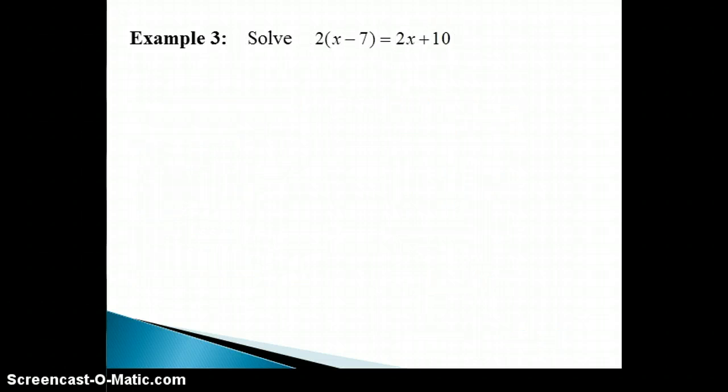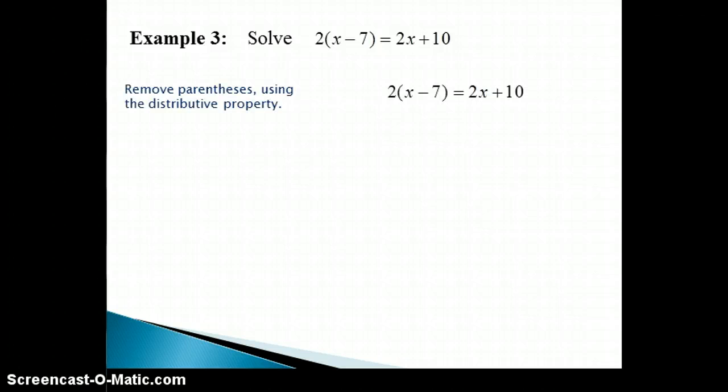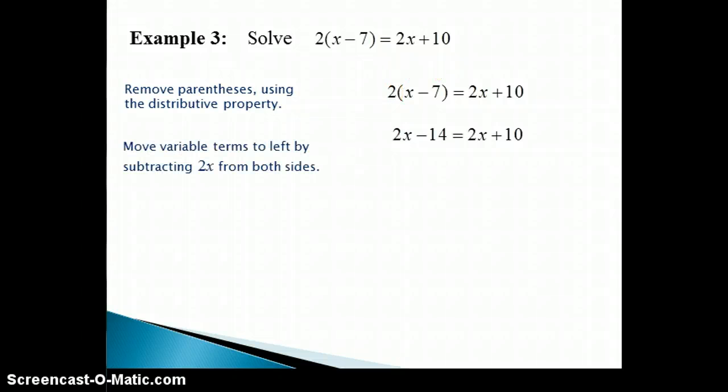Let's look at a couple more examples. Notice that for this example we have parentheses to get rid of. So first we will use the distributive property, distributing the 2 to the first term and then the second term. And this gives us 2x minus 14 equals 2x plus 10. Both sides are now simplified, so we can work on getting the variable terms to one side, which we can do by subtracting 2x from both sides.